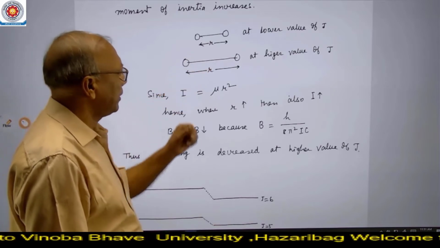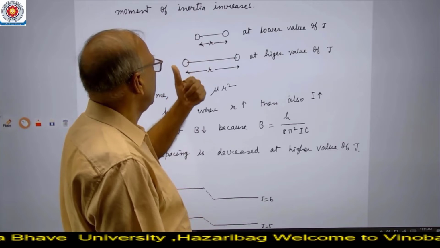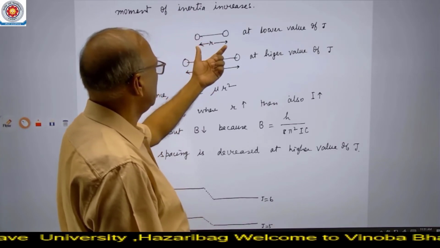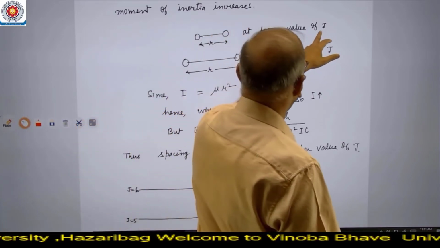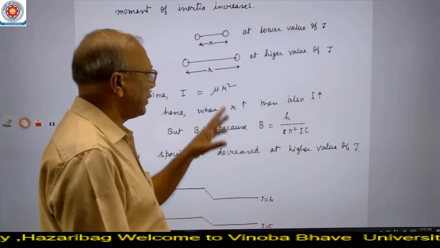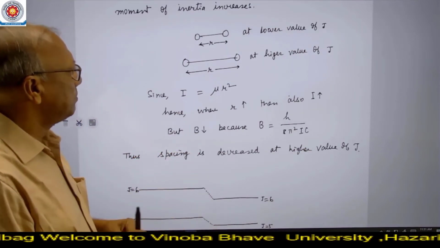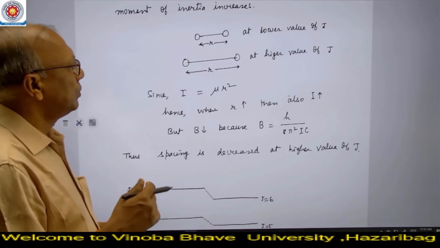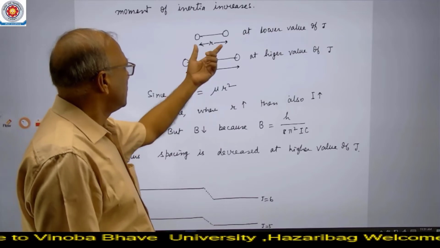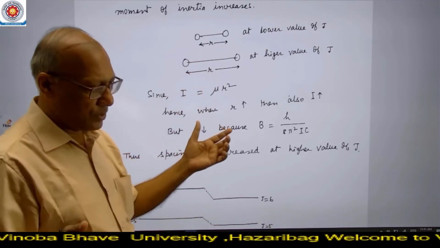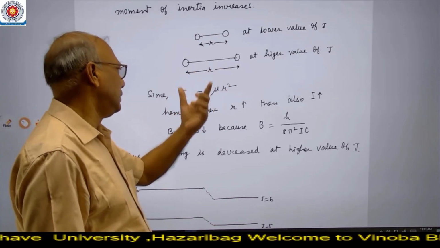From the figure here, we have also shown that if this is a rigid rotator, these are the two atoms of a rigid rotator, and here R is the bond length, and the value of J is very small, that is a lower value of J. When the rotation becomes high, that is we go up to the higher rotational energy levels, then this bond length stretches and the value of R is increased.